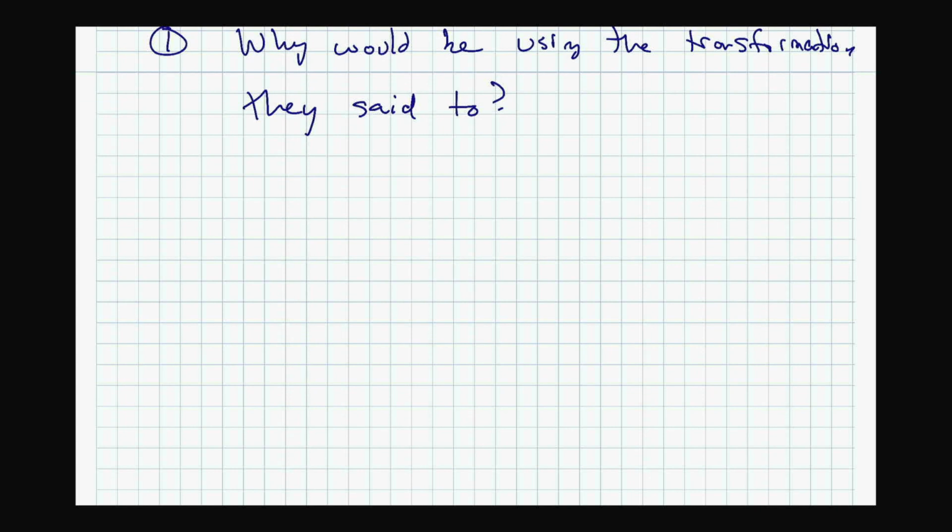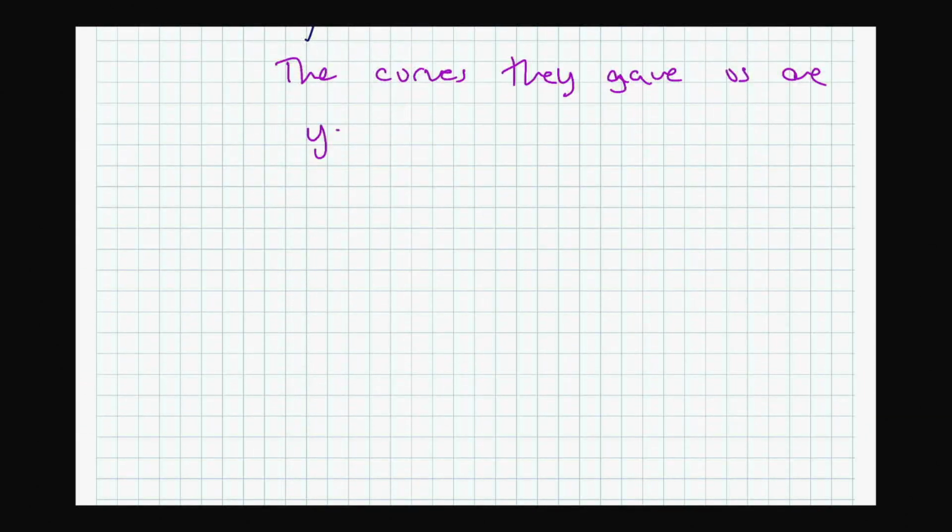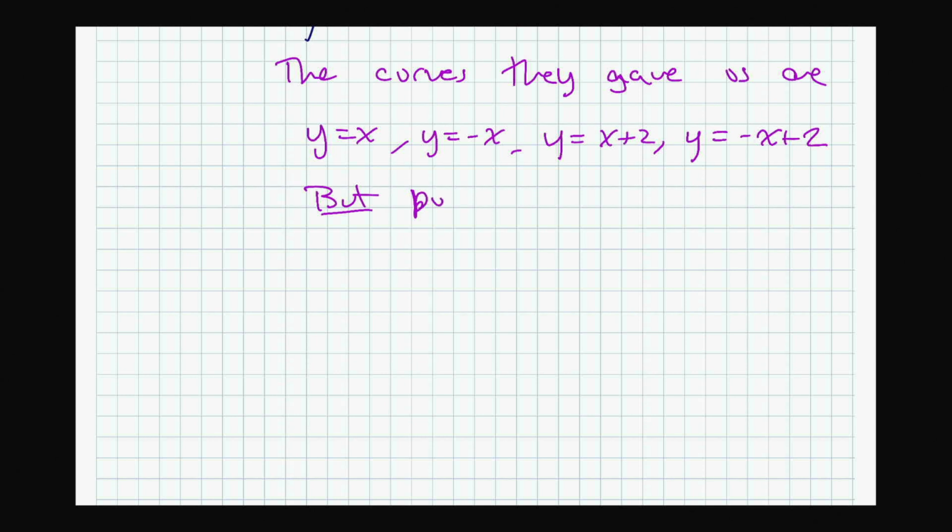So here's why. The curves that they gave us are the following. We just have to write them all down: y equals x, y equals negative x, y equals x plus 2, y equals negative x plus 2. But if you put all the variables on the left and constants on the right, look what happens. Write all of them this way.